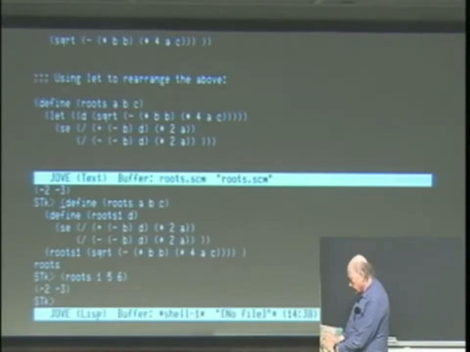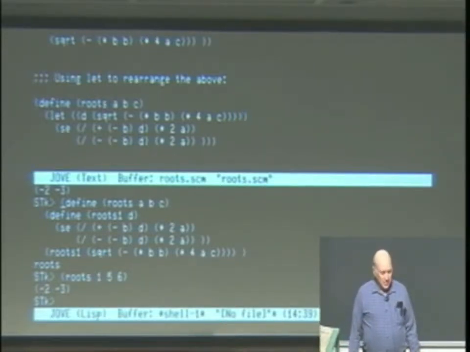This one is closing the call to minus for minus b squared 4AC. This one is closing the call to square root. And then the 2 special ones. This one is closing the binding for d, and this one is closing the collection of bindings.